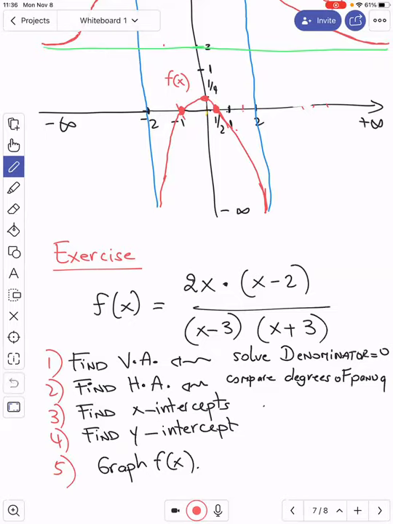For the x-intercept, it's different from the vertical asymptote. So for the x-intercept, that's where you solve the numerator equal to 0. Right? For the y-intercept, we just plug 0 into the function f. And then, of course, the tricky part is to graph f.